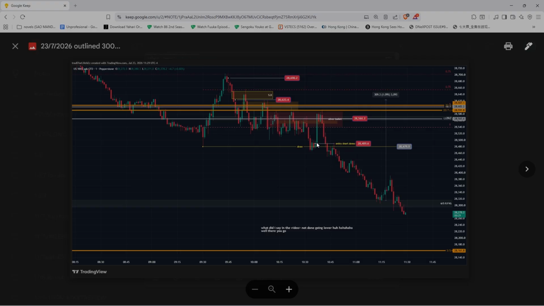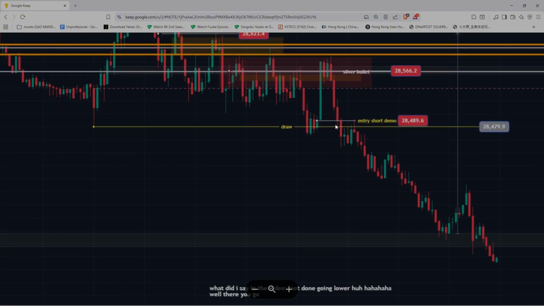Okay, so you can see this was my demo entry. This was the draw. This was the first entry. Everything was outlined beforehand. More than 300 points. Perfect. So here, immediate rebalance. This was the swing high that we left.